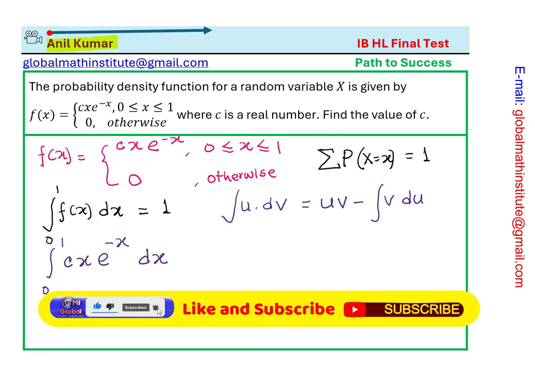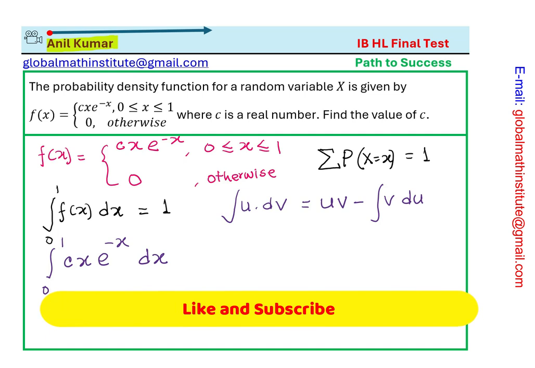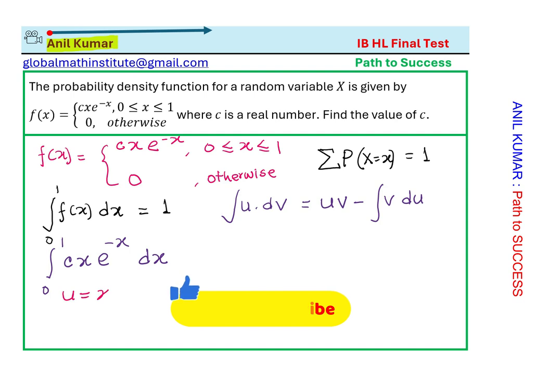The best substitution is that e to the power of minus x is the last thing to be substituted, as its integral is very easy. So we'll treat u as x, and the dv part we'll keep as e to the power of minus x dx. Makes sense?